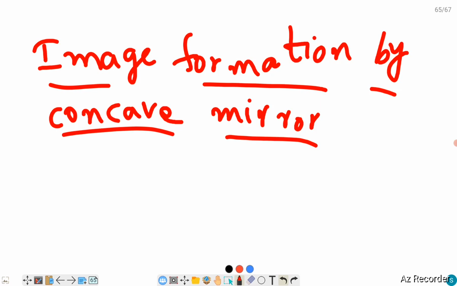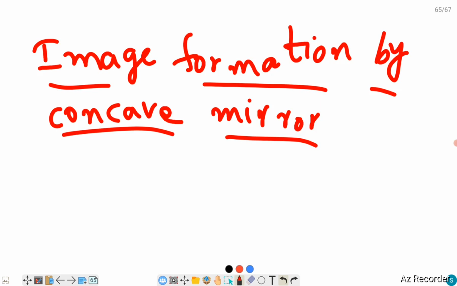Have you observed any change in the image, the size majorly? It actually changes. So, with respect to the distance from the mirror, the size of the image and the position of the image will be changing.